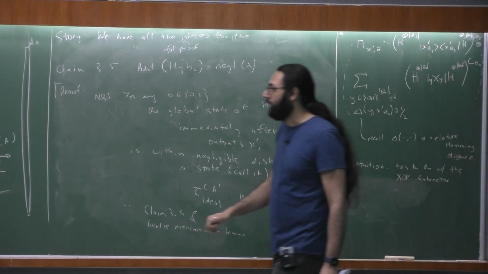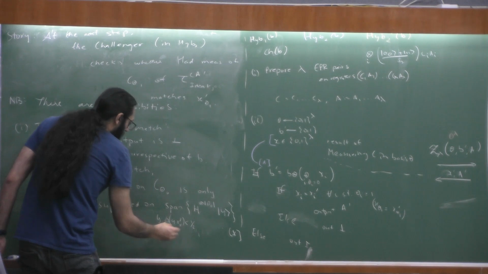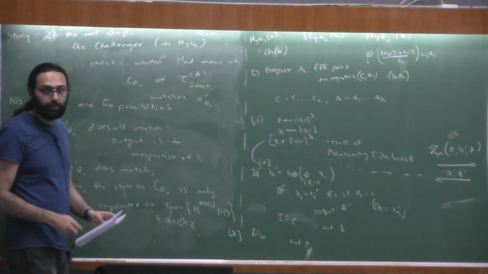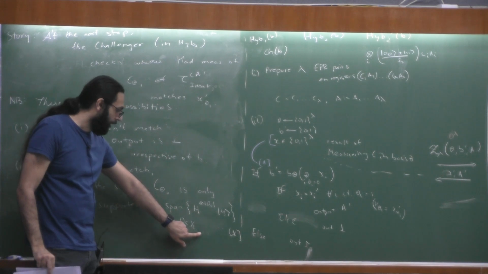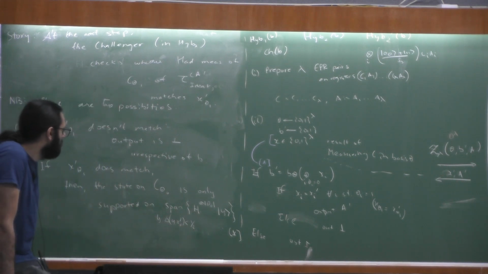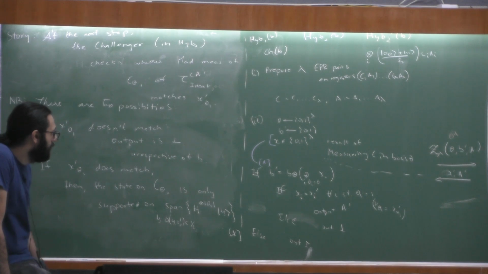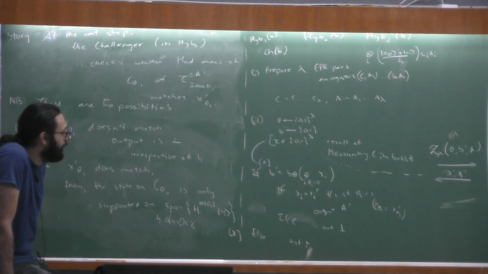So it necessarily has to have y's with x prime 0 being strictly half distance away. So if the adversary did measure, then you claim from the general measurement lemma that the state should be tau c a prime, and that state is supported on the space identity minus pi.